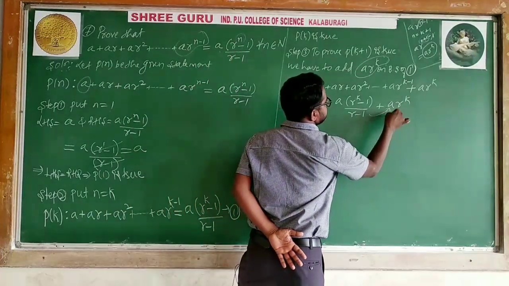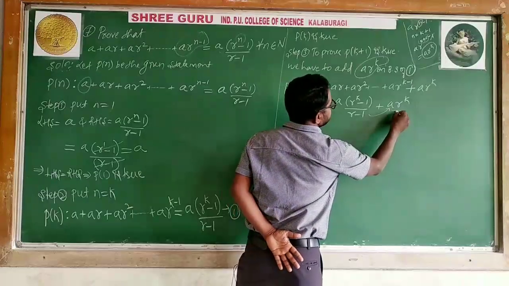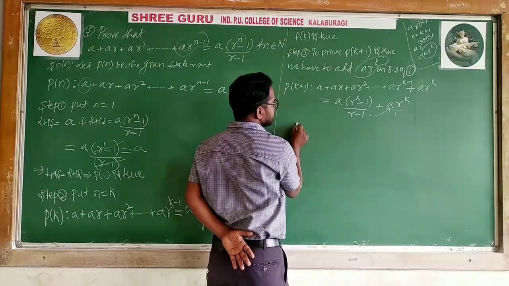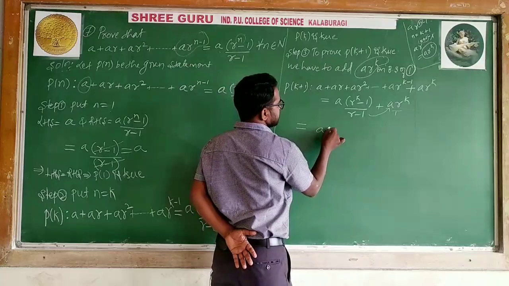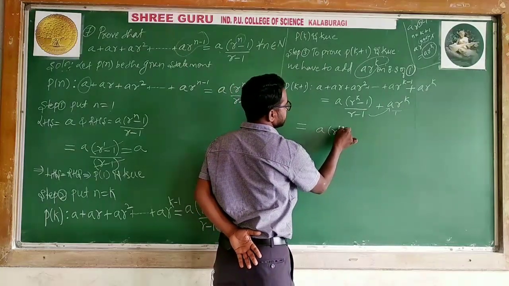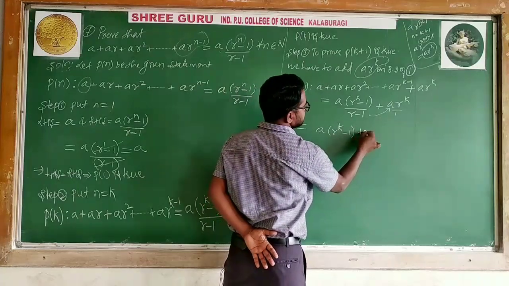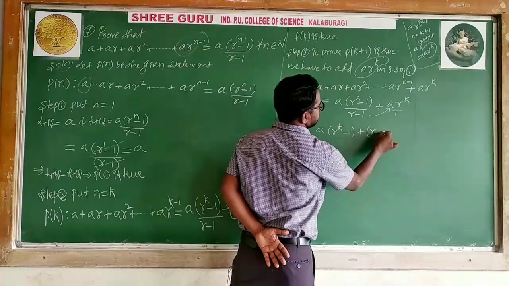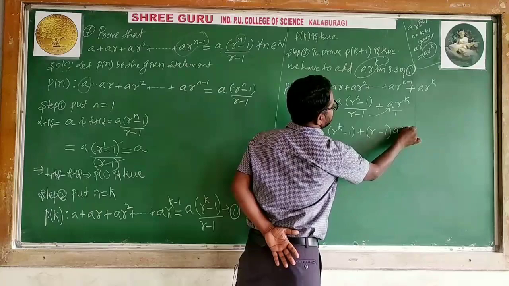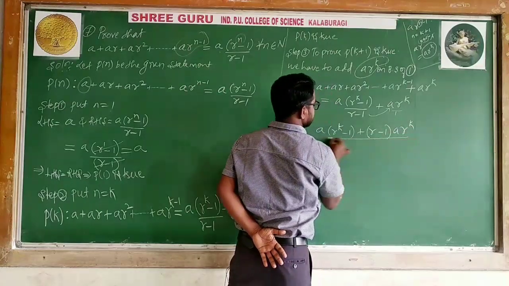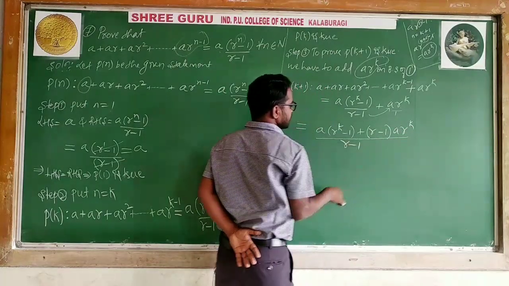So take the LCM. Whole divided by 1, nothing is there, means whole divided by 1. R minus 1 will be the LCM. A into R to the power k minus 1 plus the term A R to the power k, multiplied by R minus 1. You have to concentrate here.